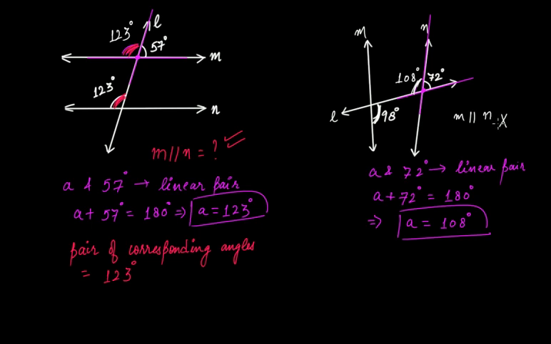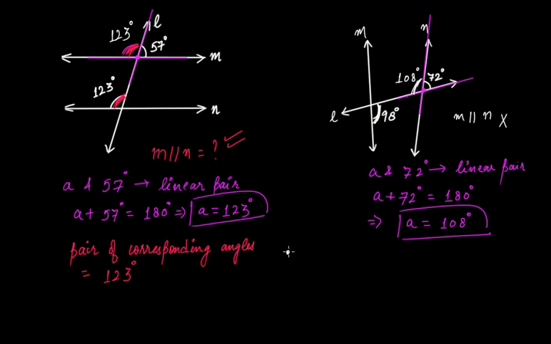So this was a problem on the topic of how to tell whether lines are parallel or not when they are being intersected by a transversal. So let's quickly revise 3 points. What 3 points do you have to check when you have to perform calculations to tell whether lines are parallel or not?